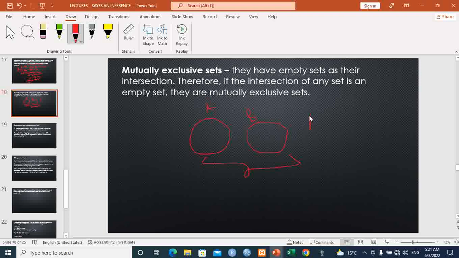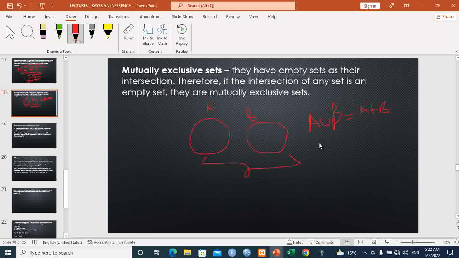Okay, so let's say A union B. What did we say for a mutually exclusive set? Now we have the freedom to use the term when they do not touch each other. What is their union? The union is A plus B, right?